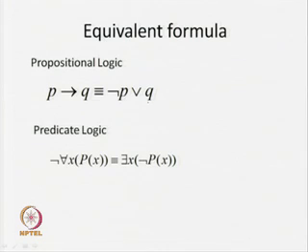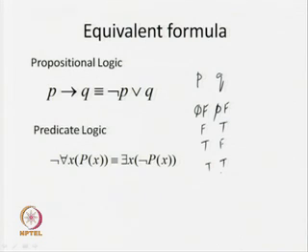So, it should hold for all possible assignments for P and Q. Since we are talking about only two variables, P and Q, there are four different combinations: false false, false true, true false, and true true. These are the four possible combinations we have.